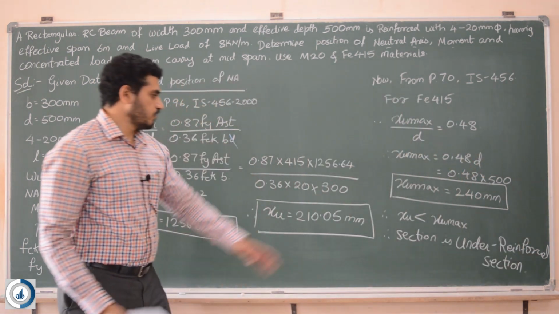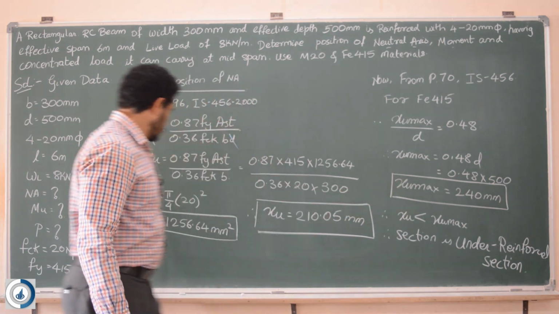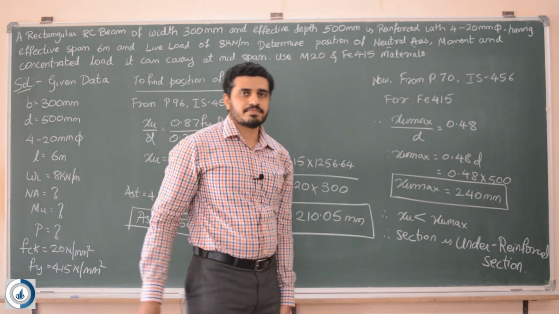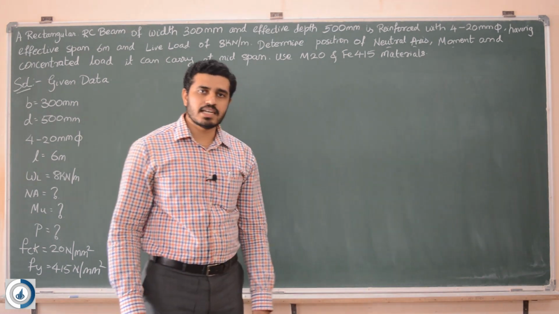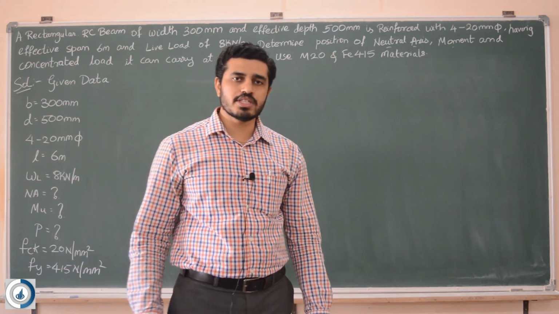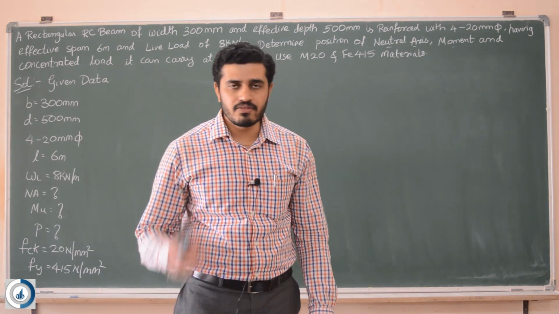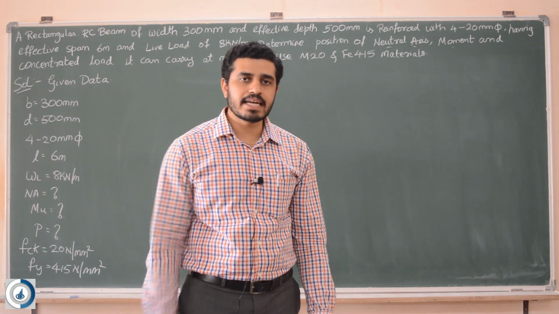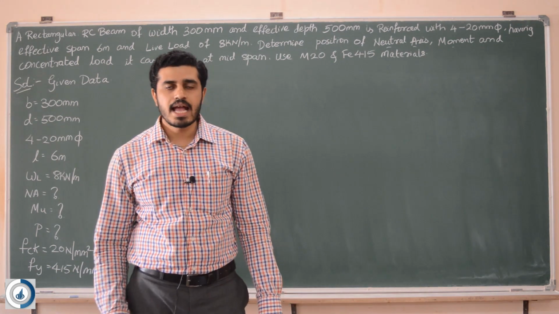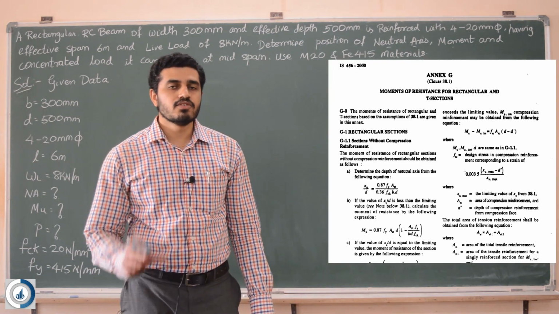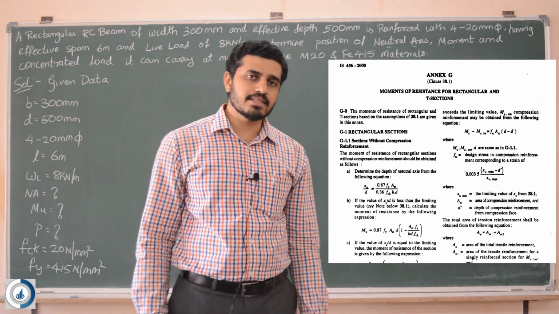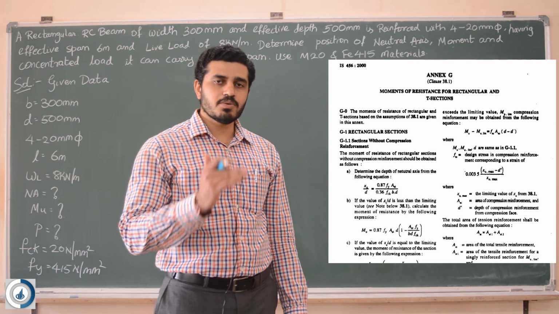So this is the first part of your problem, where they have asked to locate the neutral axis position. Now we have seen that the section is under reinforced, and based on whether it is under reinforced, over reinforced or balanced, we have to use the correct moment equation. From page number 96 you get that moment equation, and clearly they have mentioned that for an under reinforced section, the formula you have to use is the one from page number 96, exactly below the Xu by d formula.